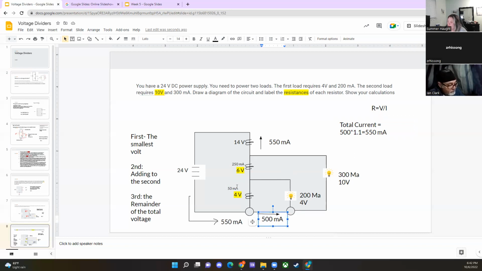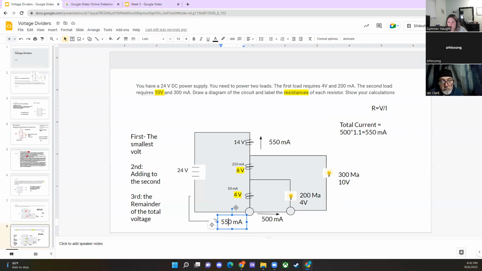Because 500 plus 50 is 550, which is where they split beforehand. Or you can just know that that bleeder current is 110% prior to the split. So you can either do 1.1 and calculate before the current splits, or you can calculate this resistance 1 value by just doing 0.1. It's again, 500 times 0.1 is 50, or 500 times 1.1 is 550.